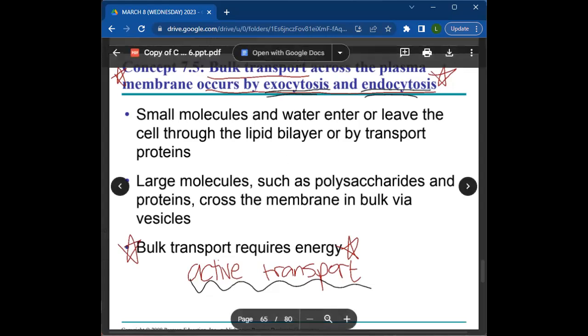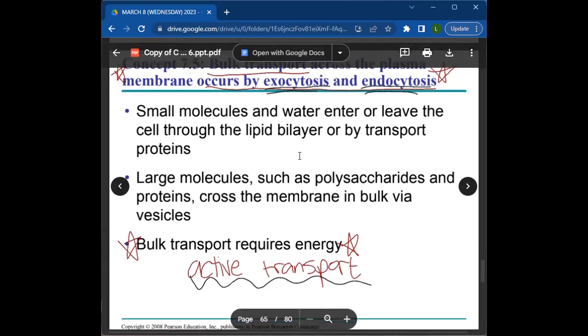So they're going to have to be taken in by bulk transport. Because the molecules are so large and they require large changes to the cell membrane, that's why it's considered active.